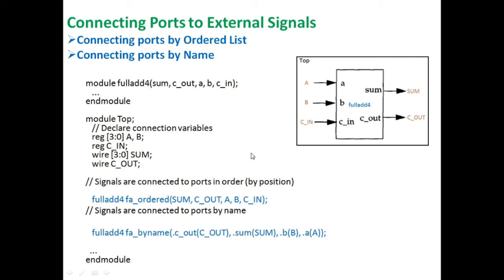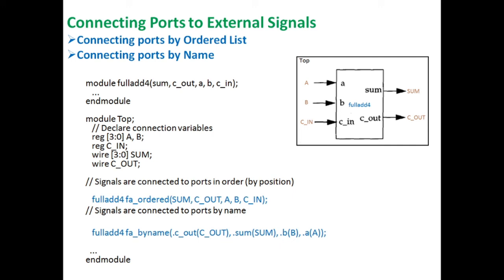At this time, Verilog provides the capability to connect the external signals to ports by port names rather than by position, like A, S, C, D, J. This is the position, and these positions I cannot remember.